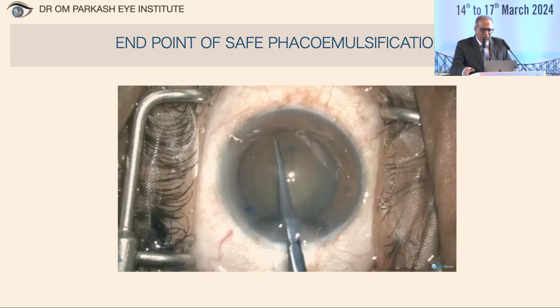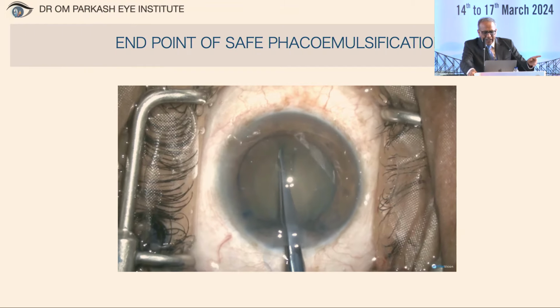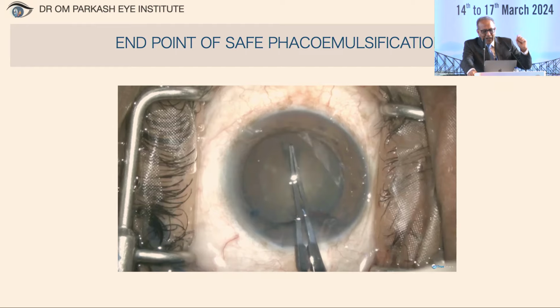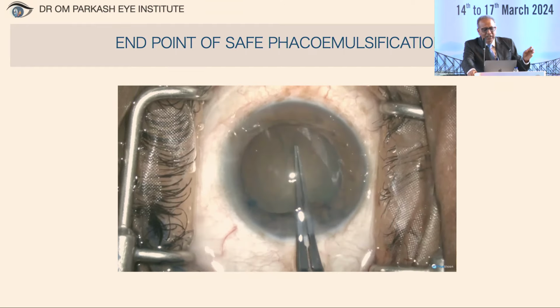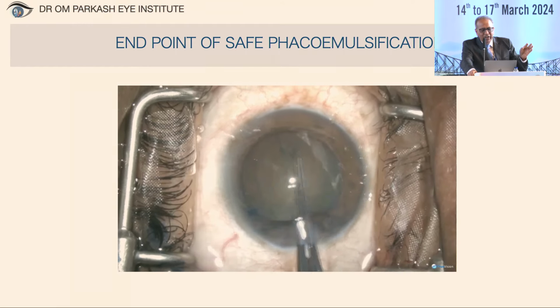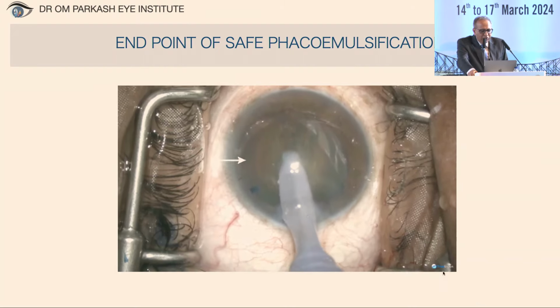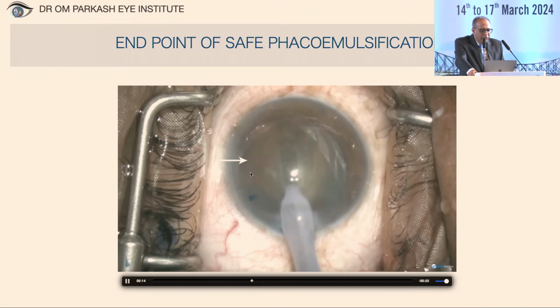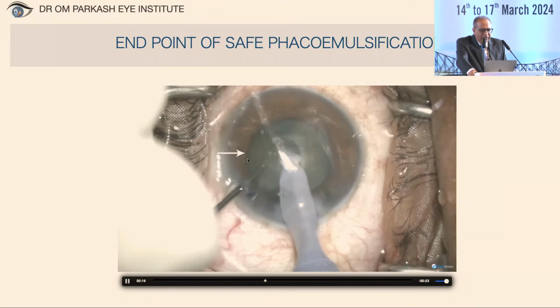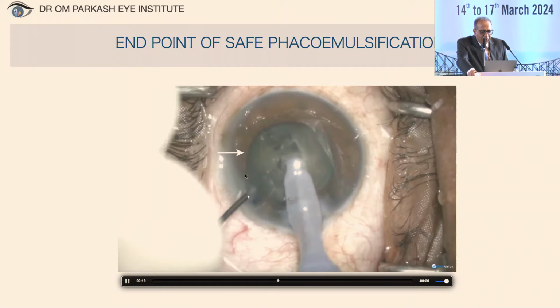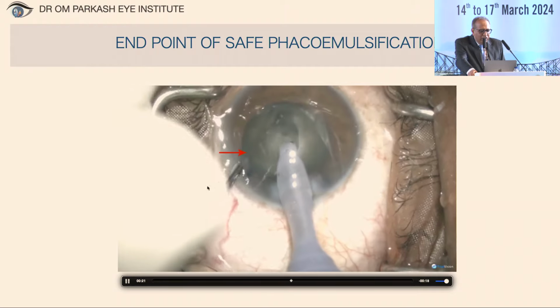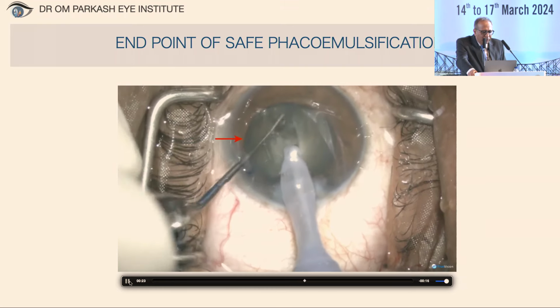Let's see this video. The surgeon, in an effort to enlarge the rhexis, inadvertently created a situation wherein there was an anterior capsular tear. The phacoemulsification was continuing. You will find that the flap is fluttering. Now in the process of dividing, suddenly the flap stopped fluttering.